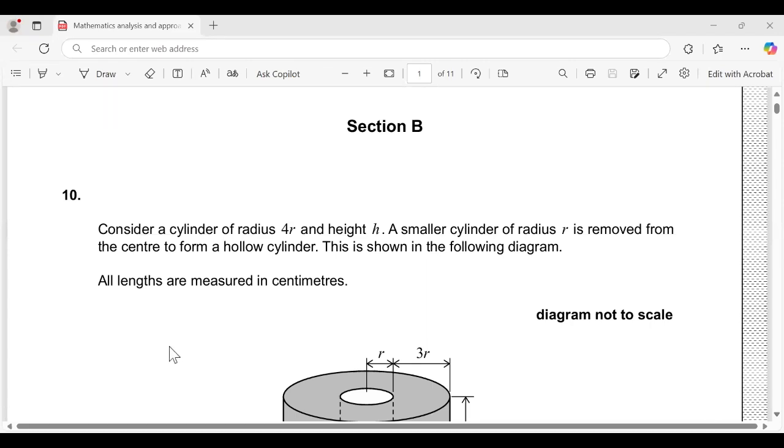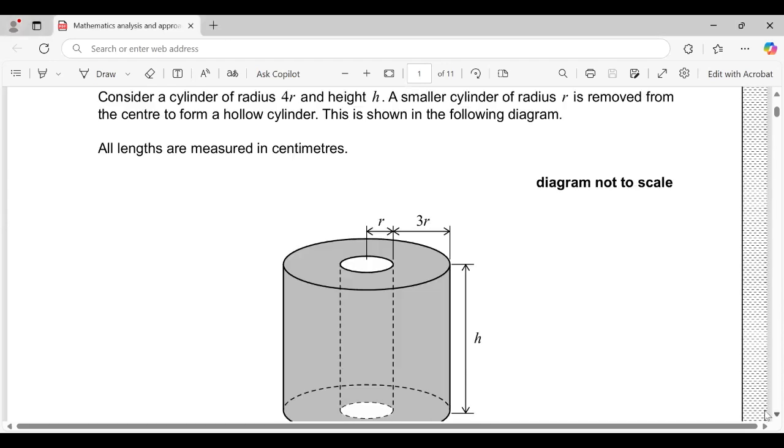Number 10. Consider a cylinder of radius 4r and height h. A smaller cylinder of radius r is removed from the center to form a hollow cylinder, as shown in the diagram. Our lengths are measured in centimeters.